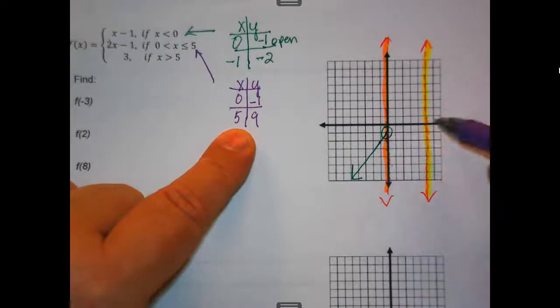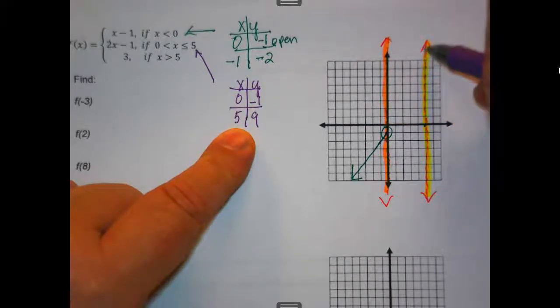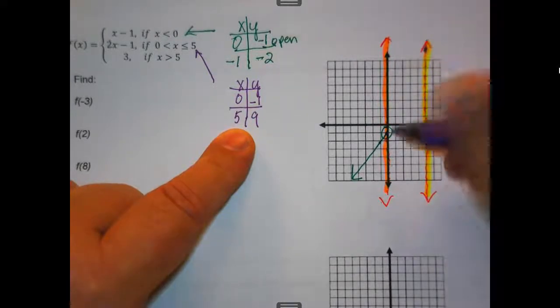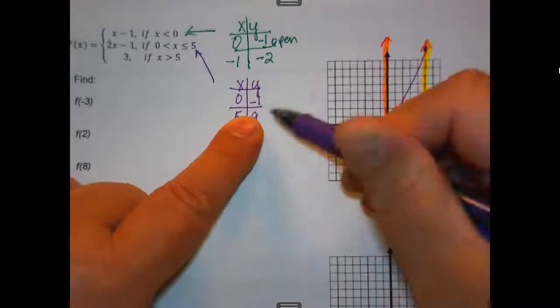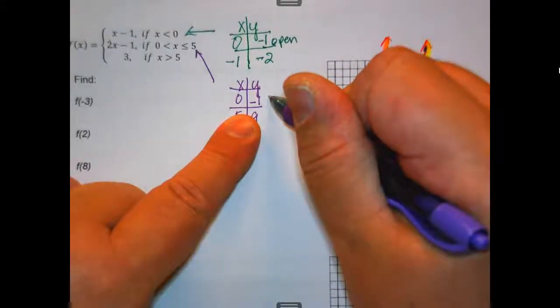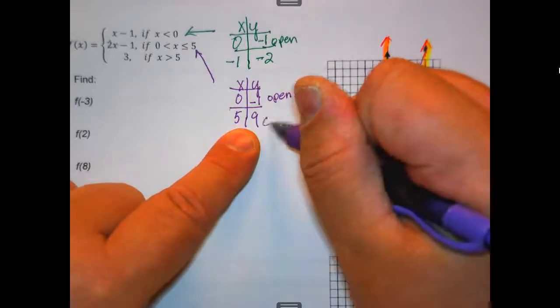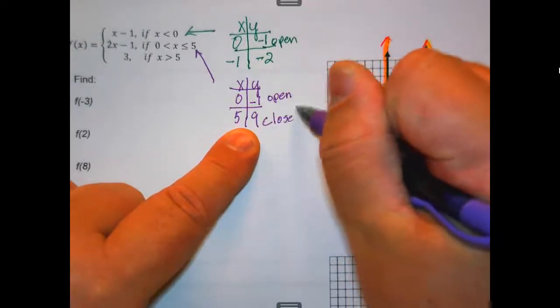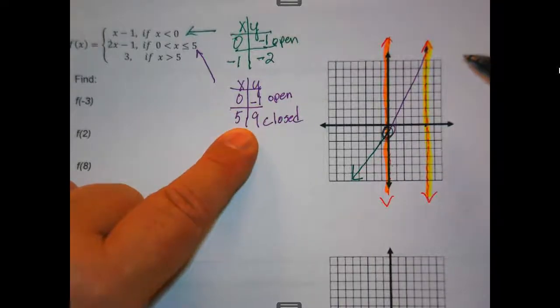Here, 5, 9. See, 1, 2, 3, 4, 5, 6, 7, 8, somewhere up there. Okay, open or closed circle at 0? Open or closed circle at 5? So open here and closed here.